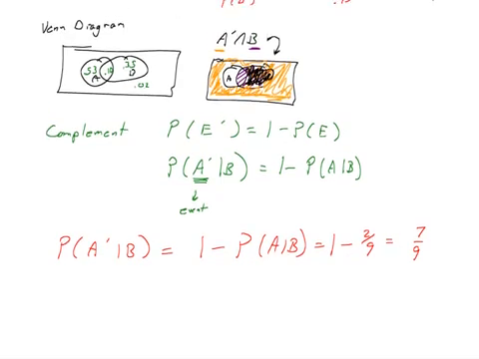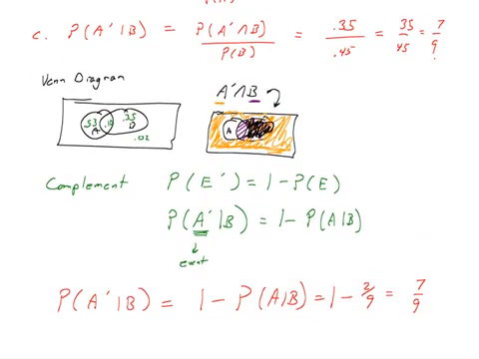That's the same thing that we got by just using the definition in our Venn diagram. So sometimes it's helpful to recall all of those different rules for probabilities, because sometimes you may need to do this procedure using Venn diagrams to get the answer, but other times if you look at some of the questions, you might be able to apply a complement rule to answer them more quickly.